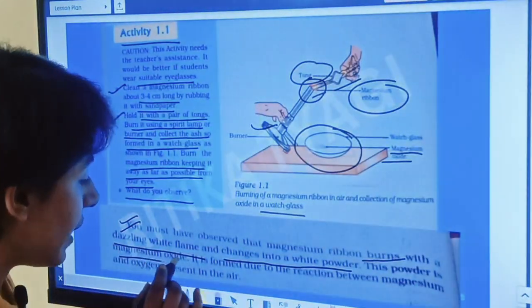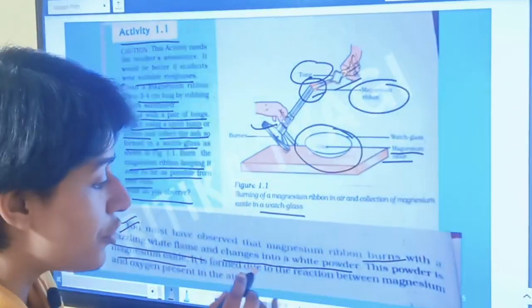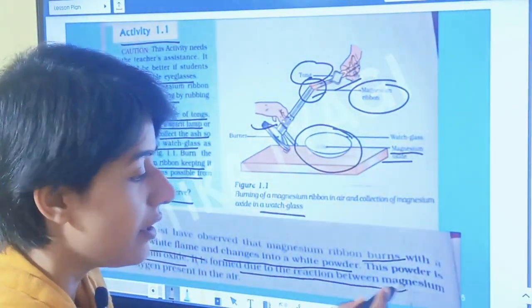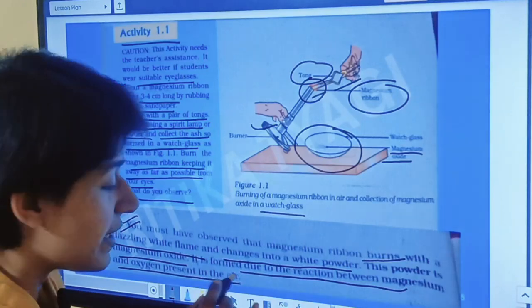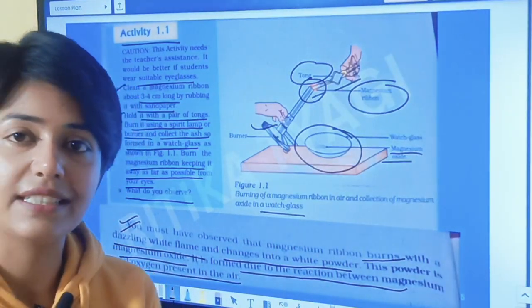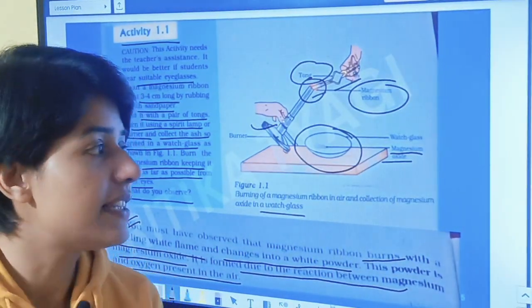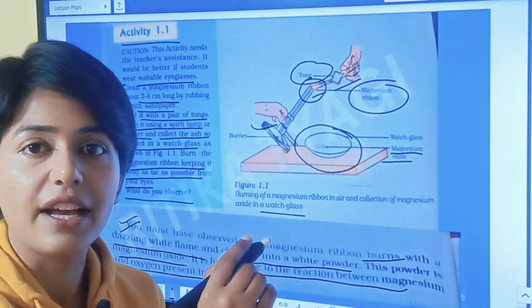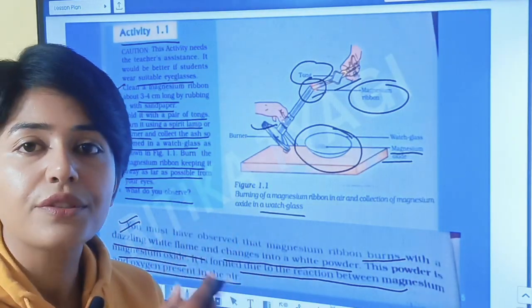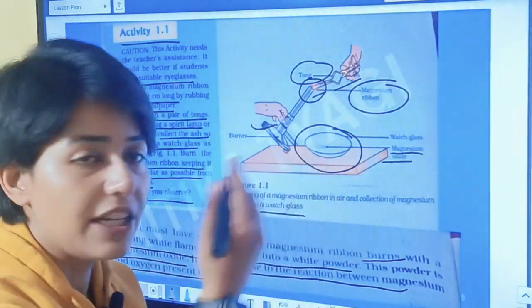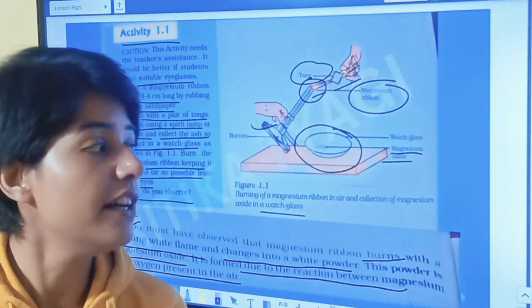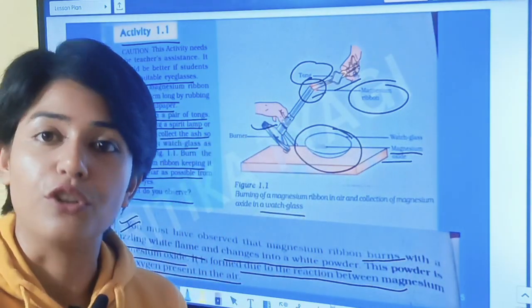This white powder is magnesium oxide formed due to the reaction between magnesium and oxygen present in the air. These are our observations, that magnesium reacts with the oxygen of air and burns to produce a dazzling white flame and a white powder of magnesium oxide, which we collect in this watch glass.